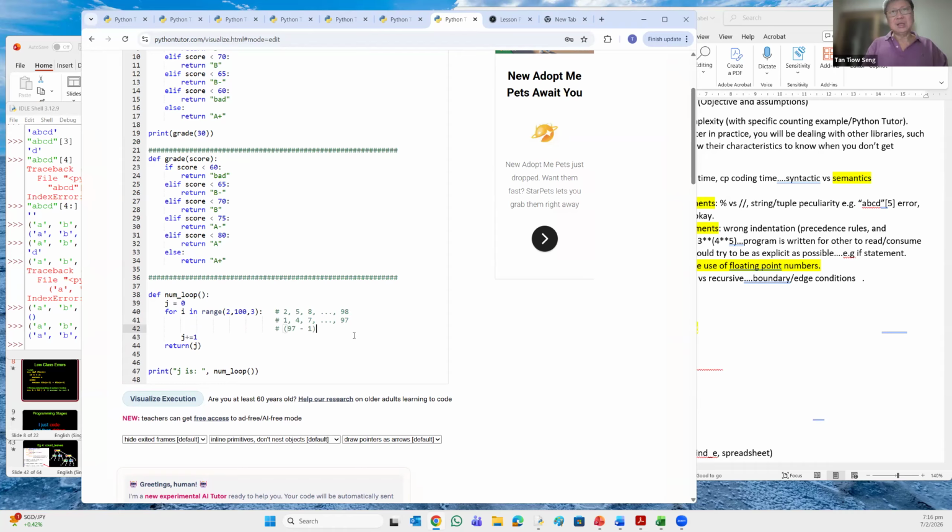Just like if you have 1, 2, 3, 4, 5 until 100, how many numbers are there? It's 100 minus 1, which is 99, plus 1. In this case, we need to divide by 3 because it increments by 3. So this is equal to 33. All right, this is 32 plus 1, which is 33. So we can see.